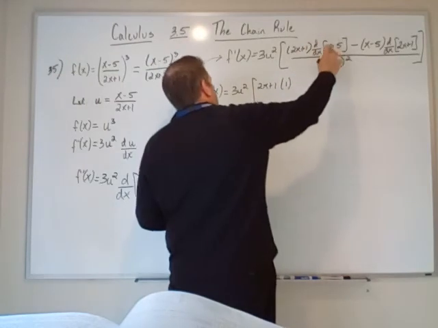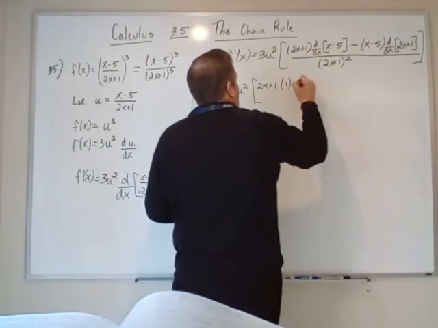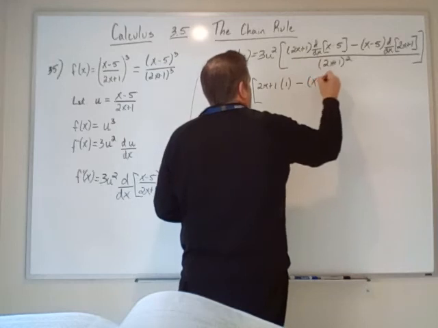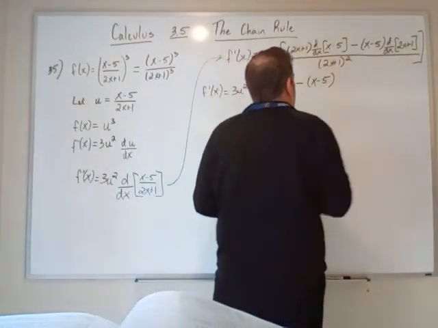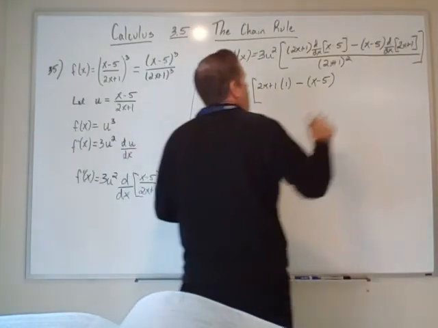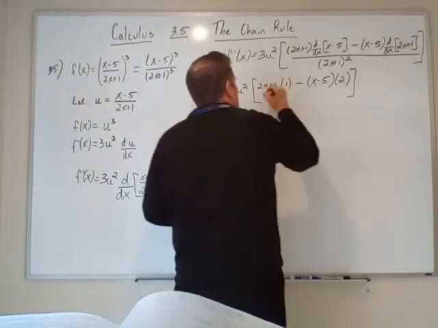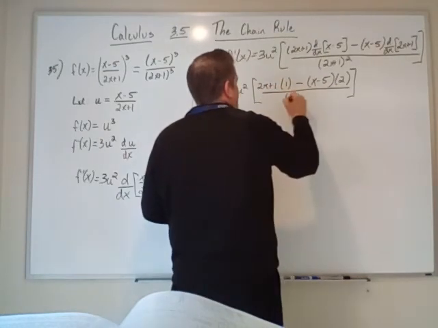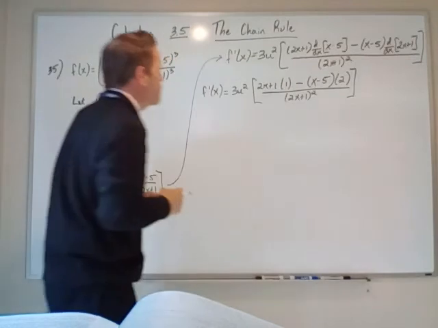So the derivative of x minus 5 with respect to x is 1. Minus now the quantity x minus 5. Now I need the derivative of 2x plus 1 with respect to x. The derivative of that is 2, again using that power rule. And again, don't forget about our denominator, that 2x plus 1 quantity squared.